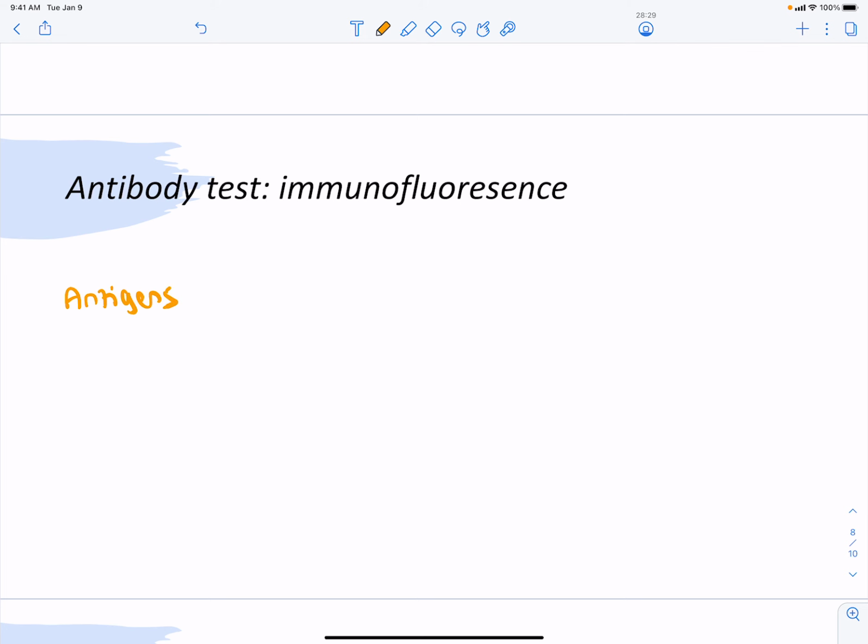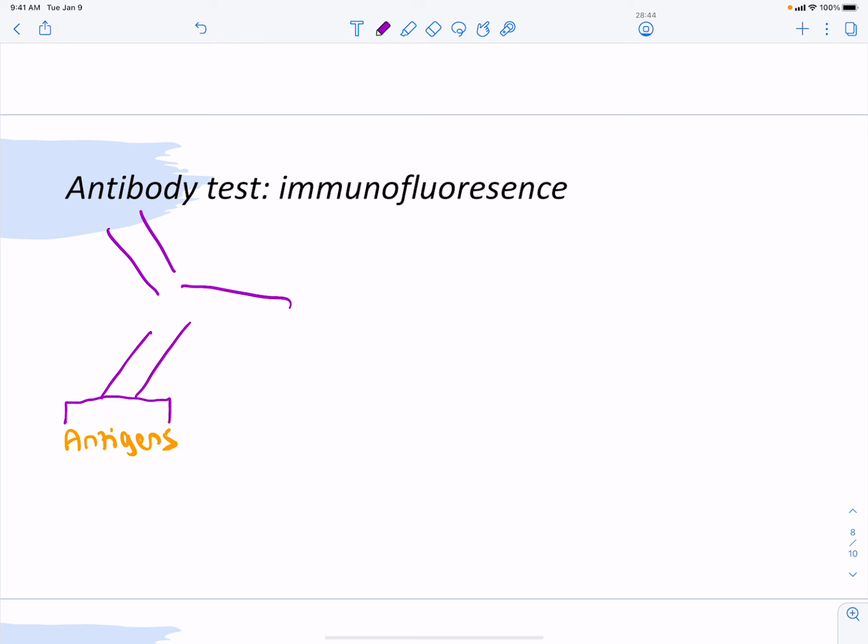And then you're going to bind the antigens with some sort of antibody. Actually, move this. So this is one arm of our antibody. And over here will be the other arm. And so here's our antibody.